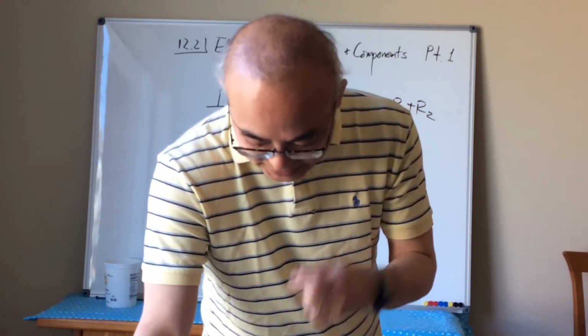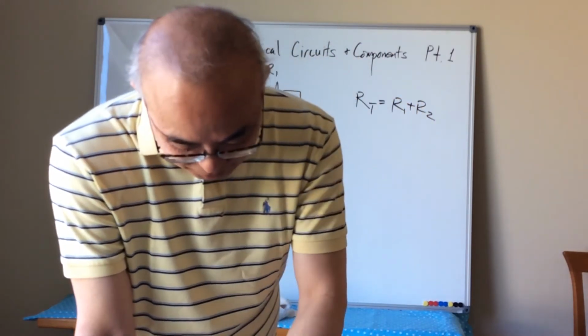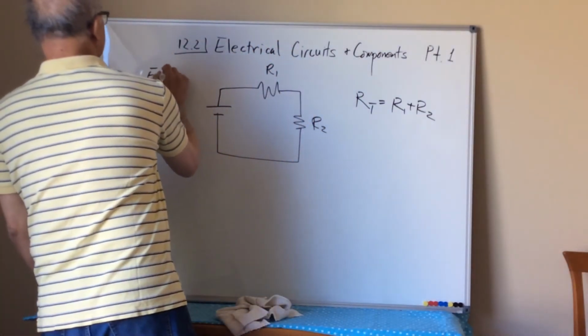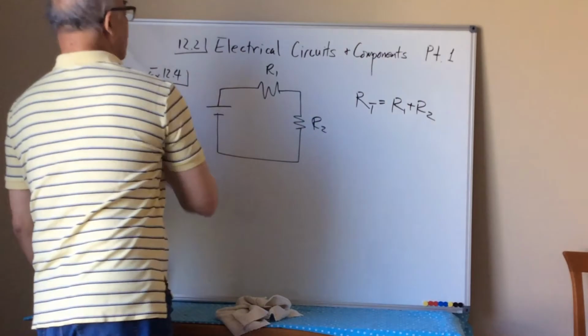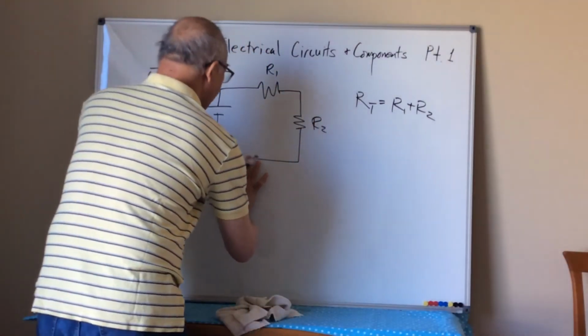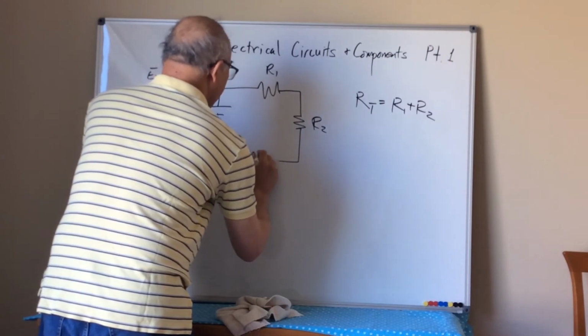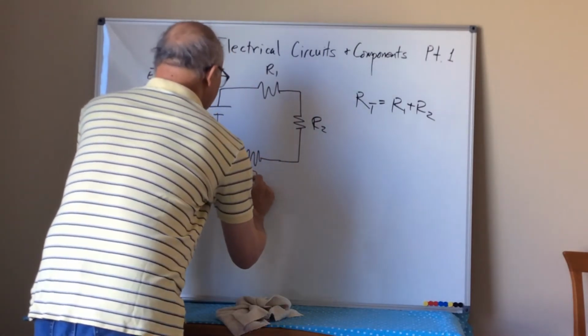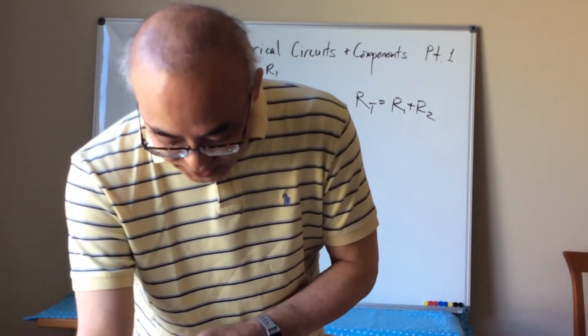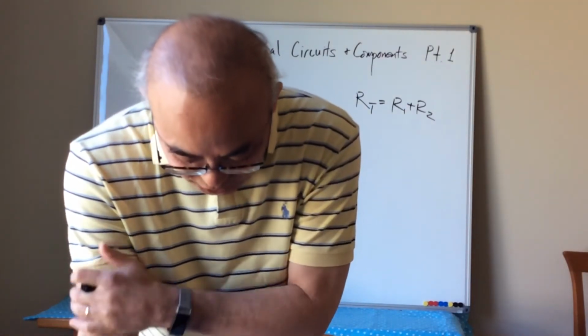Okay, so let's see example 12.4. In example 12.4, I have 3 light bulbs. So actually I'm going to have another one here. I'm going to have R3. Determine the total resistance and the current flowing in the circuit shown.